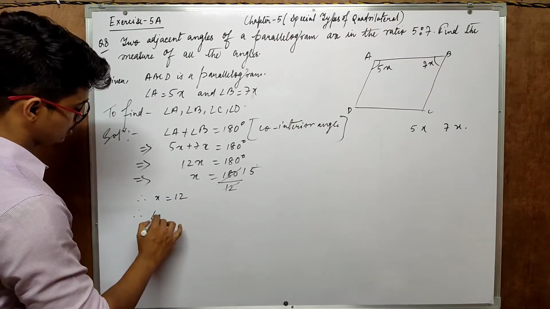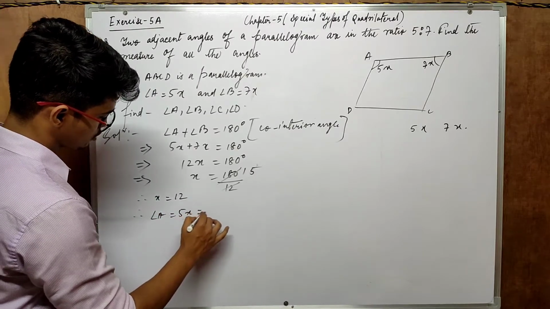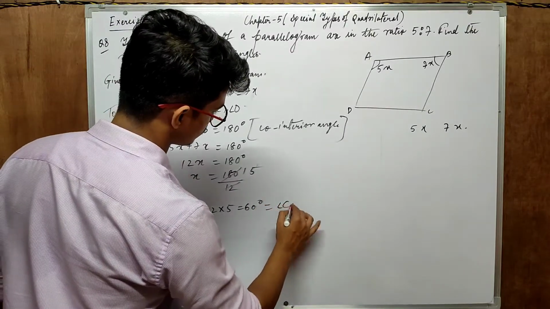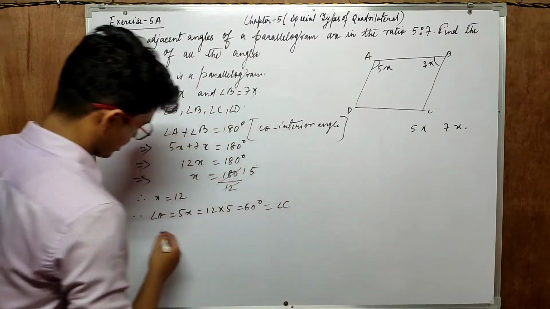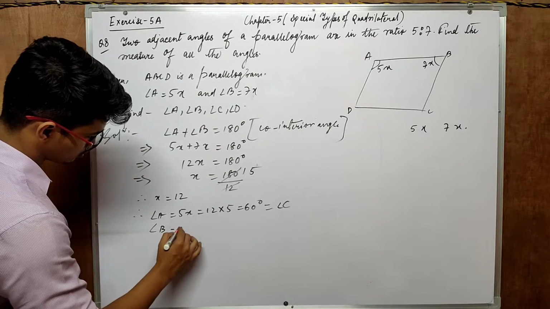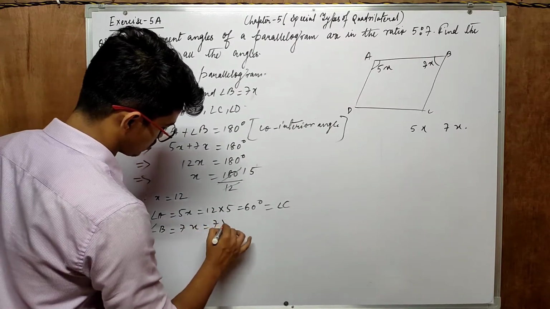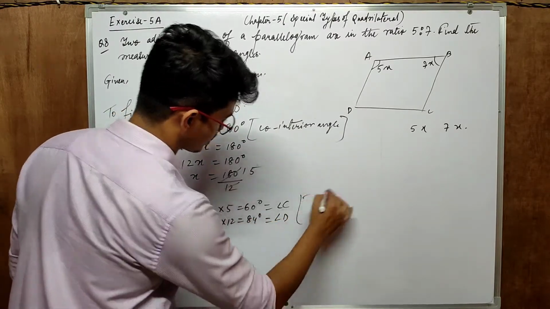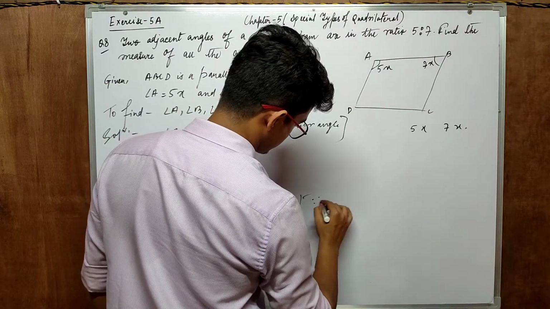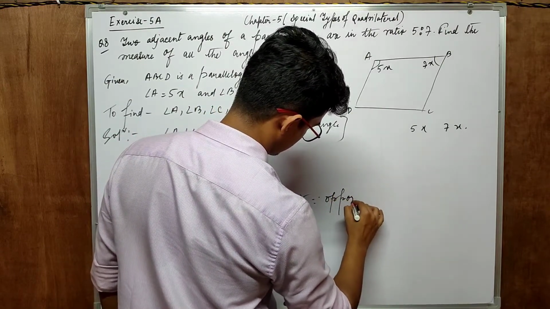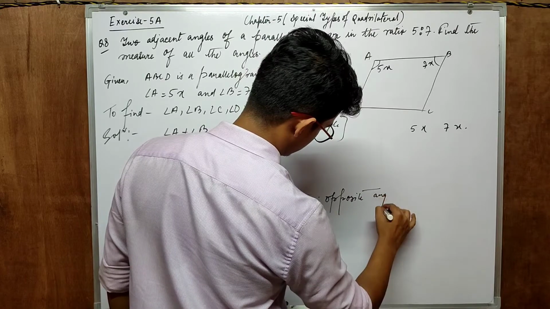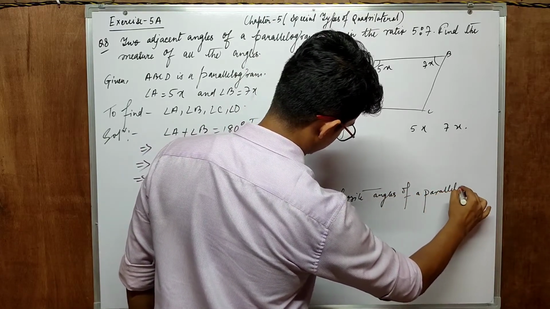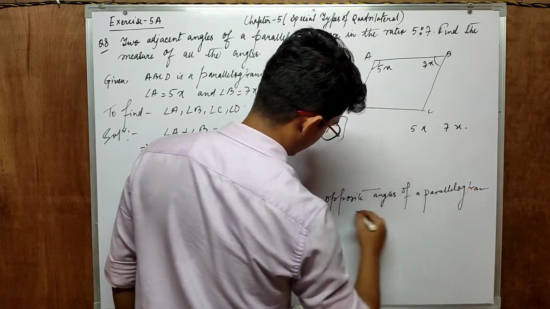So angle A equal to 5x equal to 12 into 5, that is 60 degrees, which is equal to angle C, because we know that opposite angles are equal. And angle B equal to 7x, that is 7 into 12, which is 84 degrees, which is equal to angle D. And write the reasoning over here: since opposite angles of a parallelogram are equal.